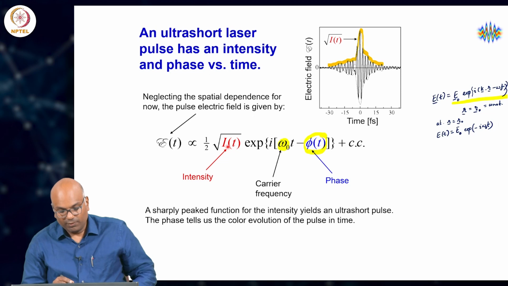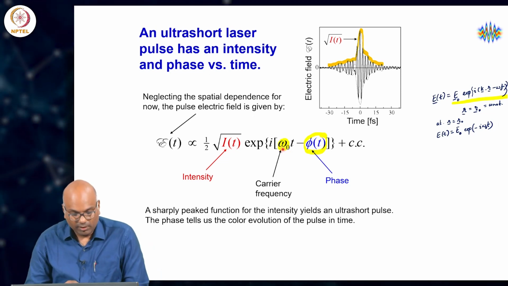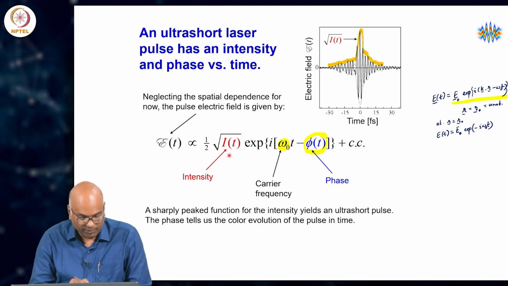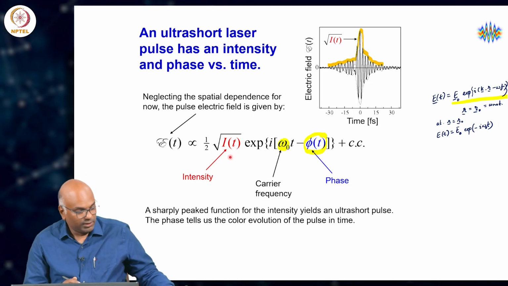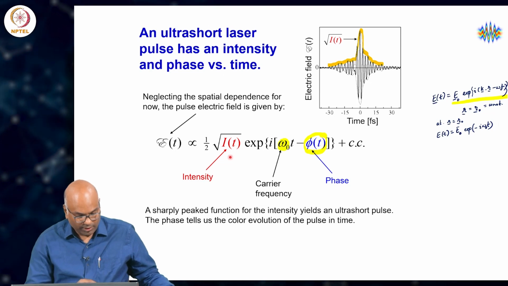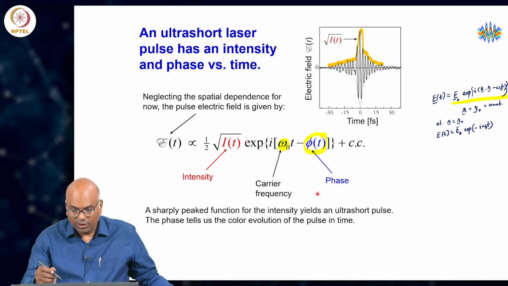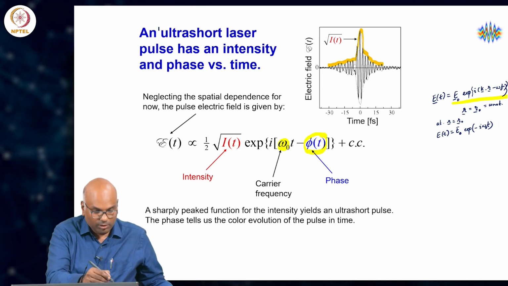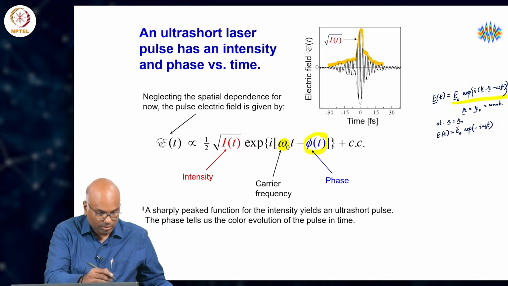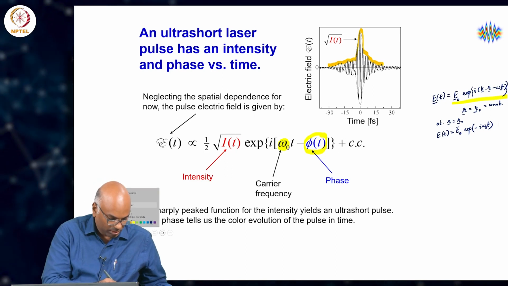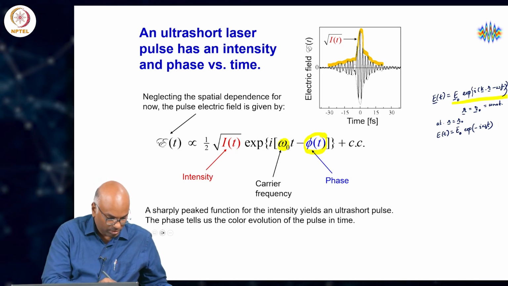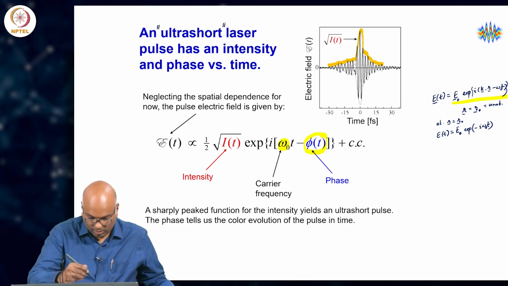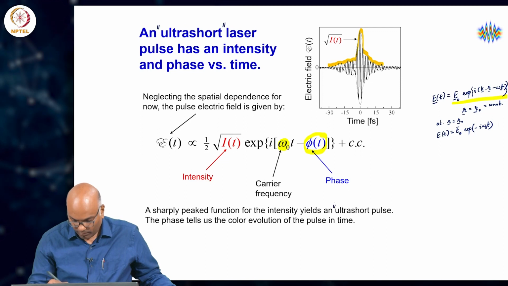So there is a fast variation in the phase and the amplitude, which is the carrier, and the slow variation riding on top of it, which is captured by the intensity function. Okay, so this sharply peaked function is what we call the ultra short pulse.